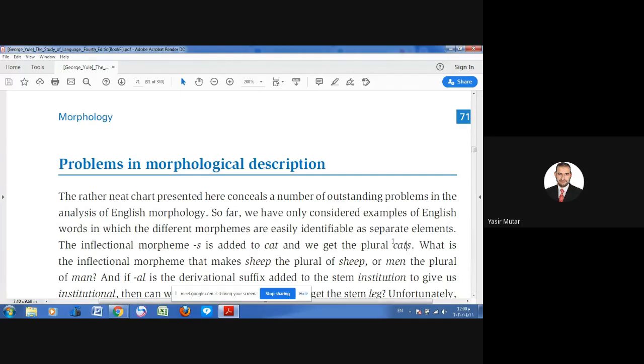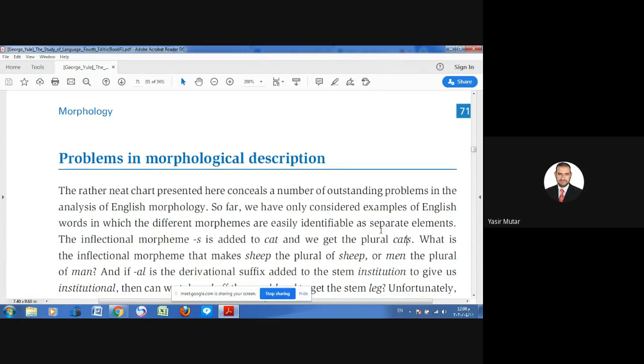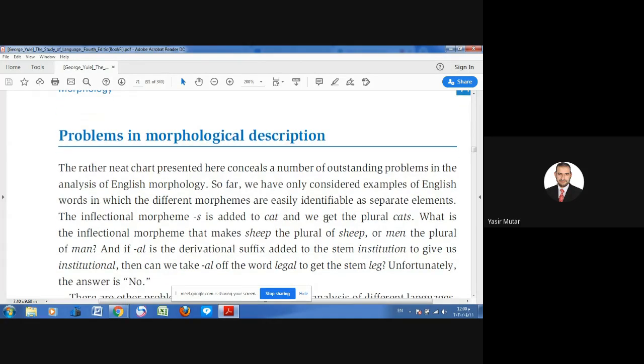as the morphological description says. But in the language, we have many words that have irregular plural forms. For example, sheep is the same in the singular and the plural.